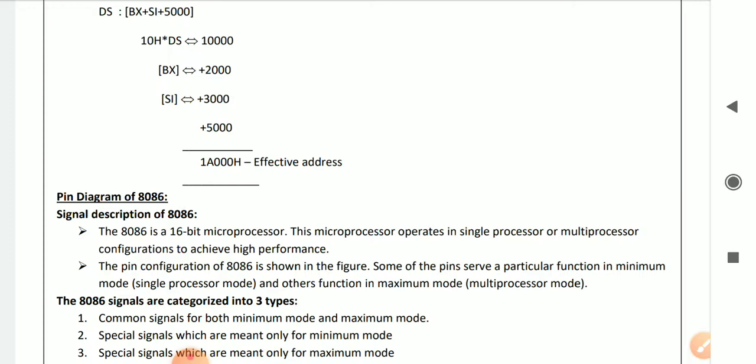Specific pins are allotted for this mode of operation. This is basically called the minimum mode and maximum mode. If your processor is operating singly, it is in minimum mode, and if multiple processors are operating in the system configuration, then it is maximum mode.